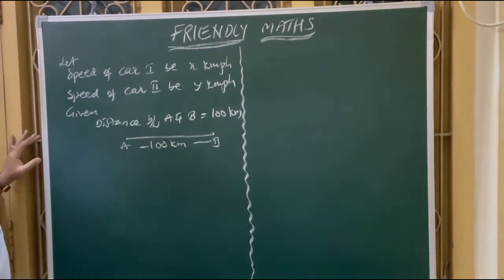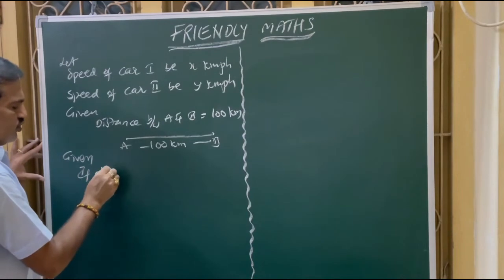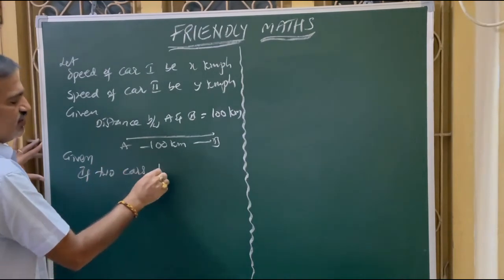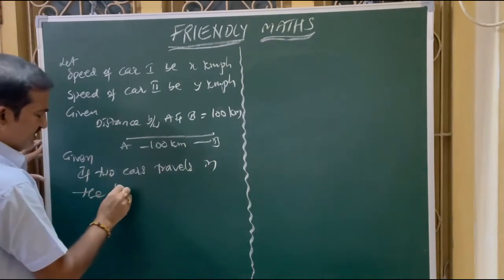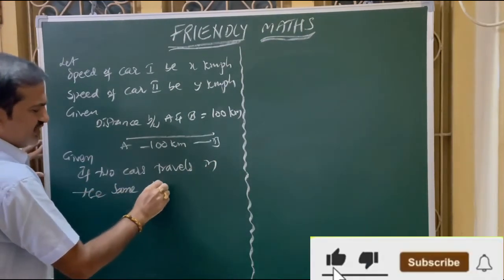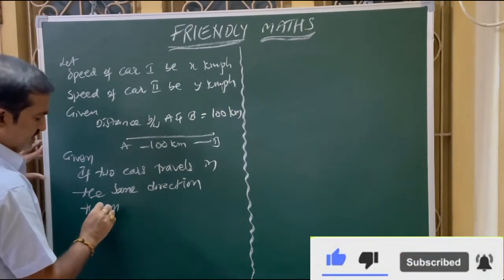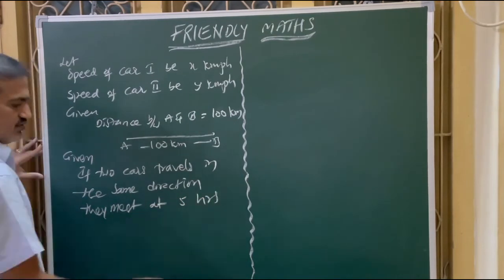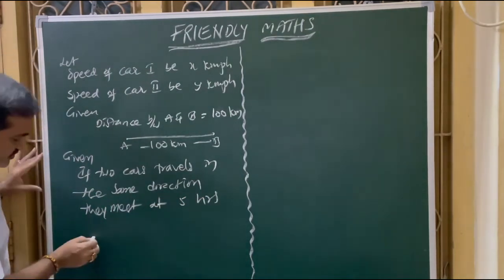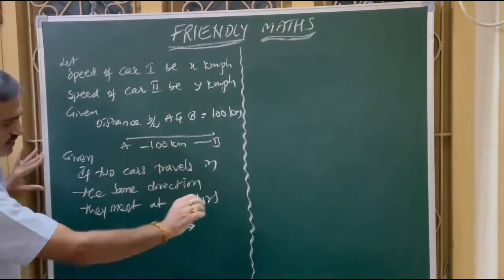Now what is the first condition given? If the two cars travel in the same direction, they meet at 5 hours. Now you see, there is a car that travels from A with x kilometers speed.